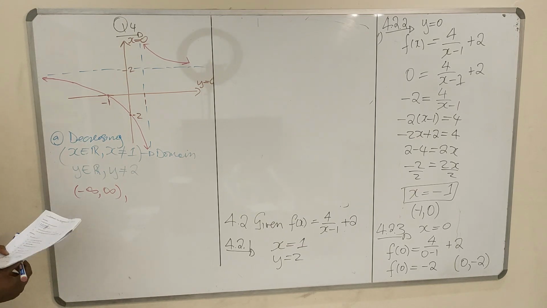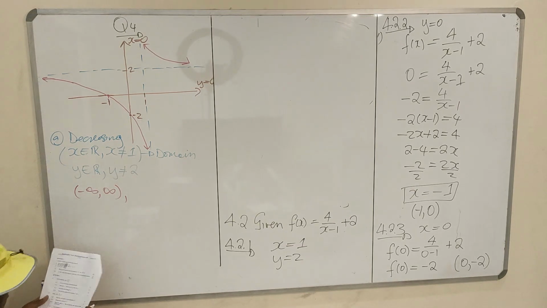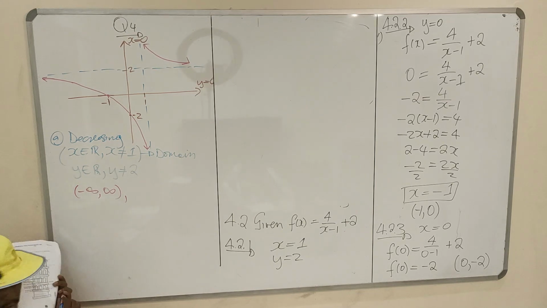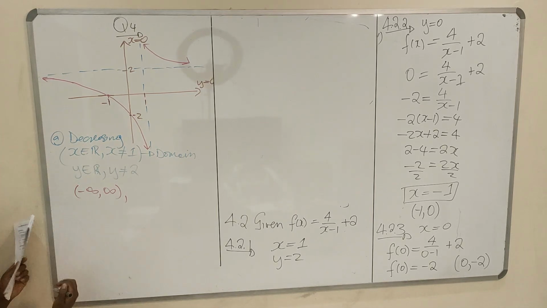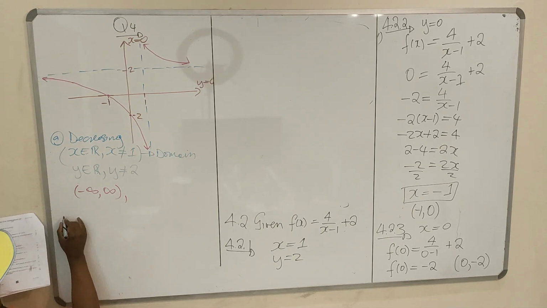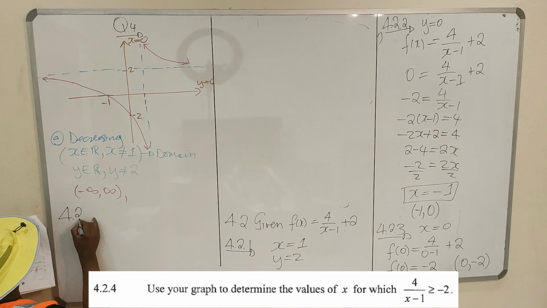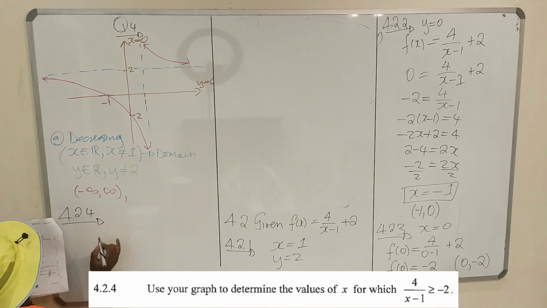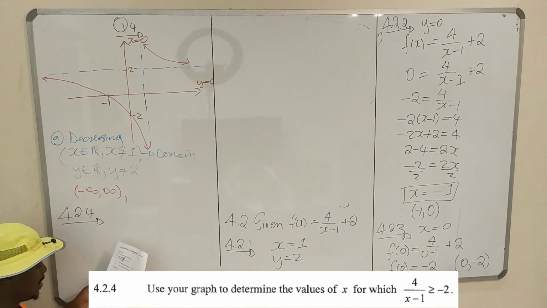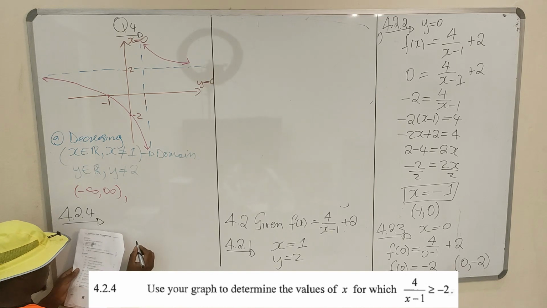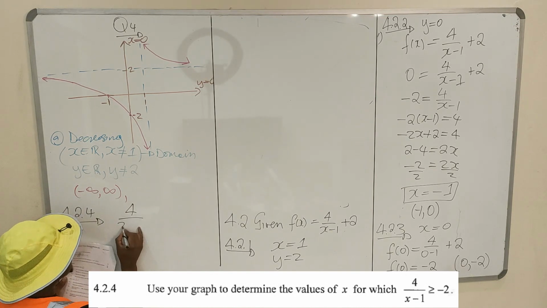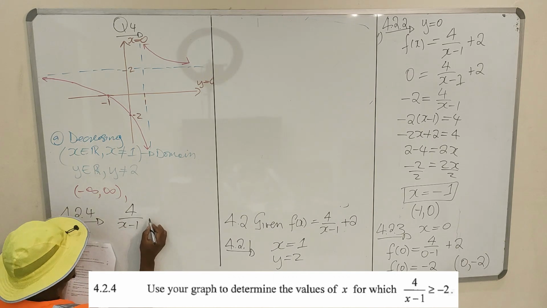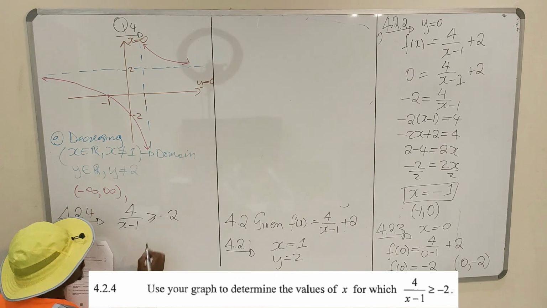So we're going to do 4.2.4. Go back to the original color, which was black. They're asking for which values of x is 4 over x minus 1 greater or equal to minus 2.